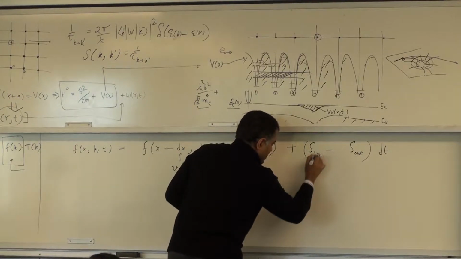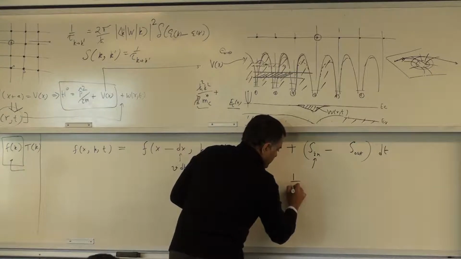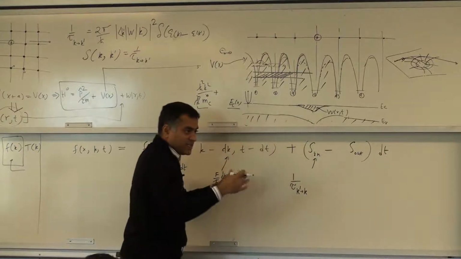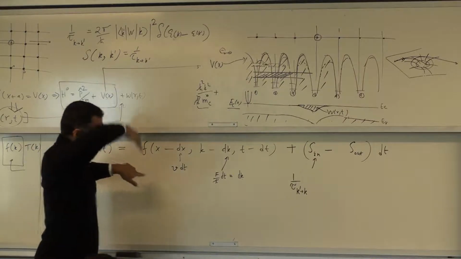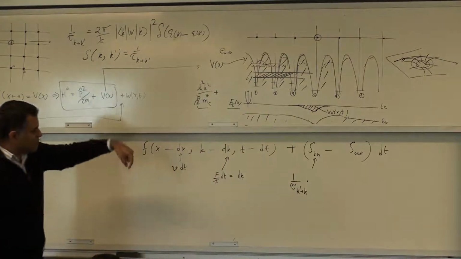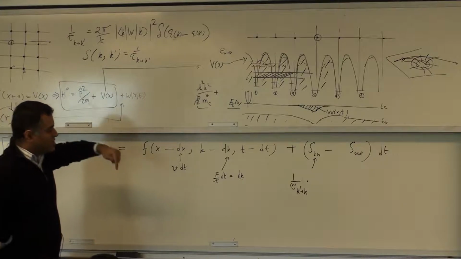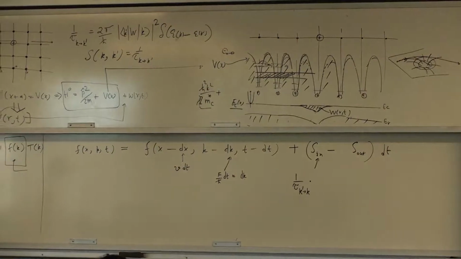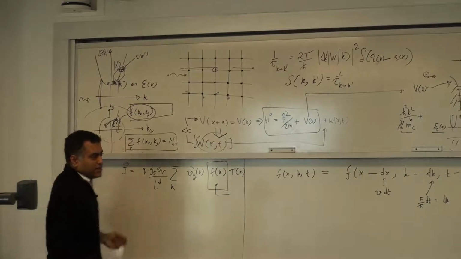Scattering in would require me to write it as 1 over tau from k prime to k, right? I'm filling state k. I'm tracking the k state here. So I want to scatter in from some other state, and that's k prime. And for this to occur, for fermions, this is where we put in the Pauli exclusion principle. For an electron to scatter from state k prime into k, k prime must be occupied and k must be empty, right?